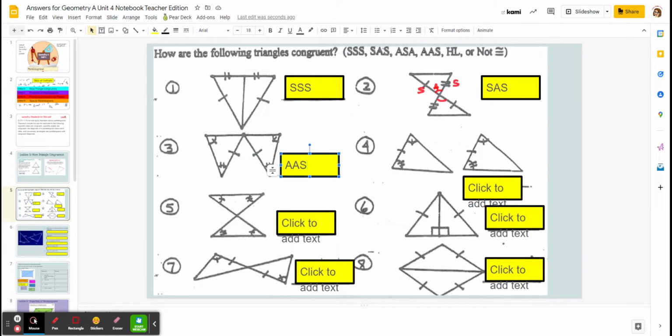All right, number 4. We've again got one pair of corresponding angles that are congruent, a second pair of corresponding angles that are congruent, and this time the side is between them. So this is angle, side, angle.